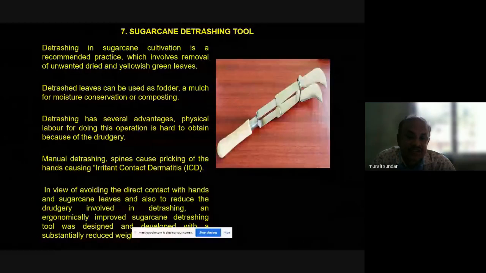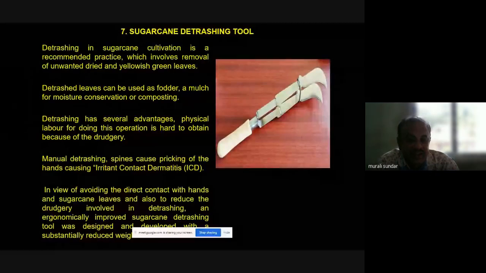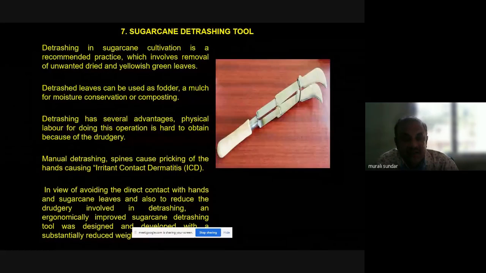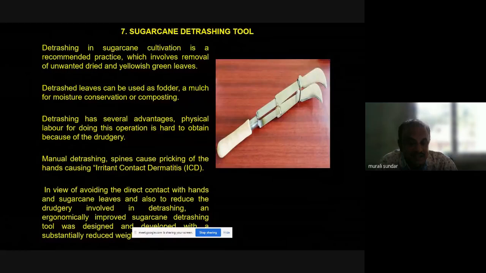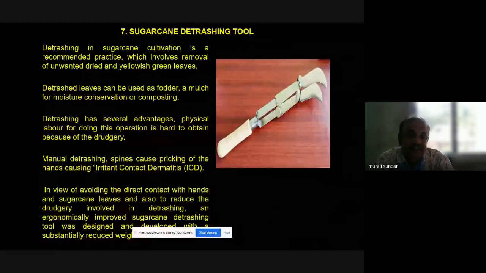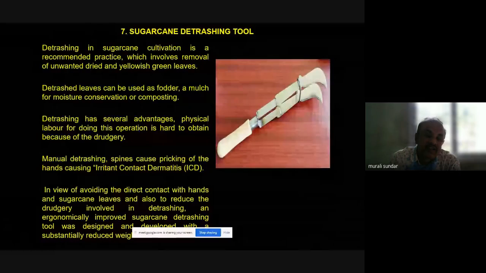It has a lot of difficulties for those who are doing dethrashing, because in most sugarcane varieties, though we are developing spineless ones, a small amount of spine is there in due course of time in the crop. So it really irritates the laborers, and they also get irritant contact dermatitis. The skin will get rough, and subsequently they cannot work comfortably.